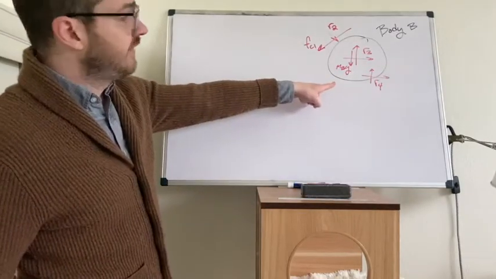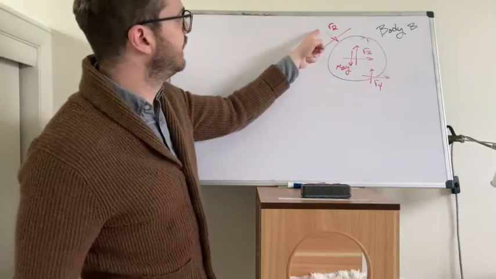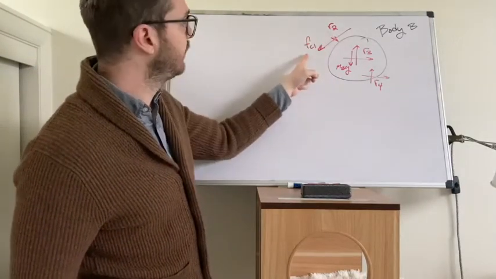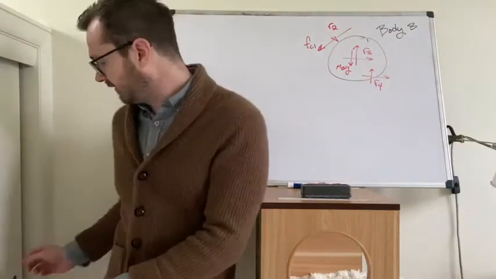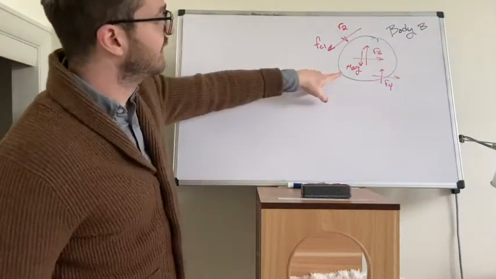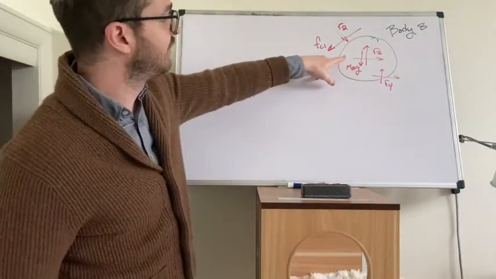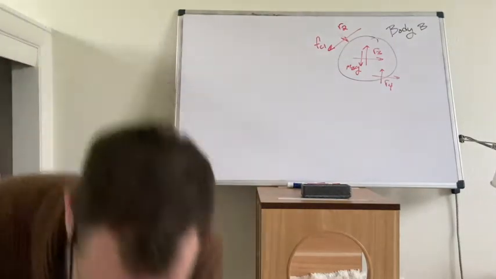Body B is the little disc. I've redrawn the image. We know that there was this normal force R2. There's the contact friction FC1. There is gravity. There is the reaction R3 through the pin joint.